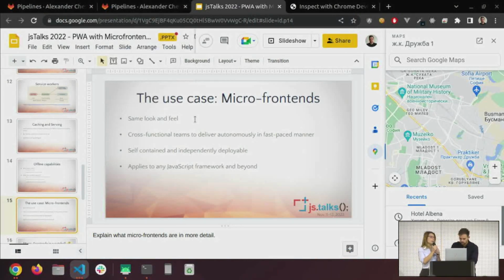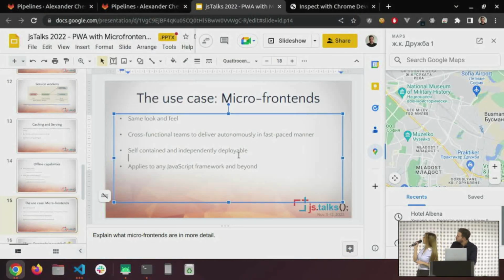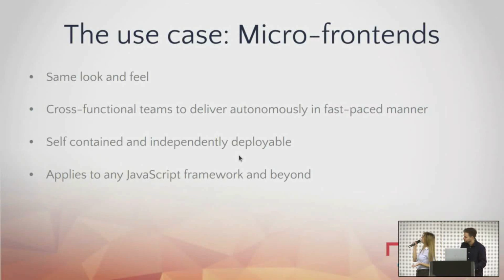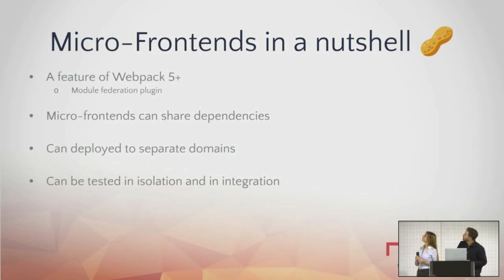And that's why we decided to go with micro-frontends. Alex can explain a little bit the technical approach, how it is actually happening, what is, for example, a container, what are micro-frontends, and we'll show you examples how to do this using Webpack.